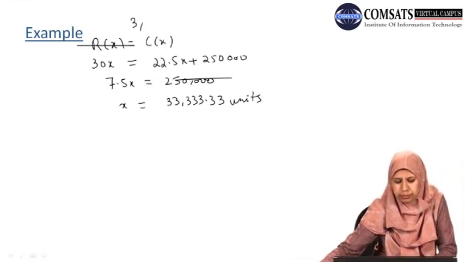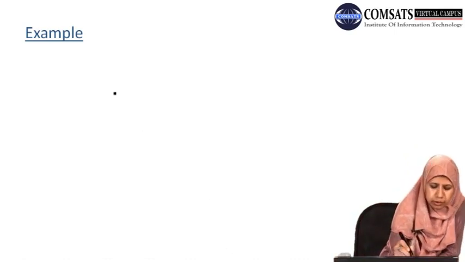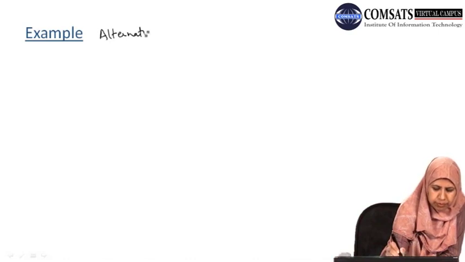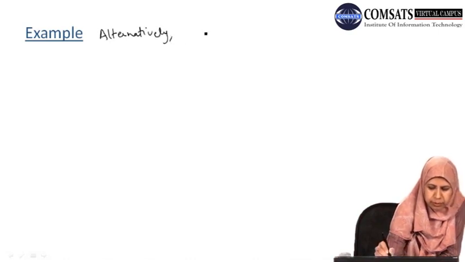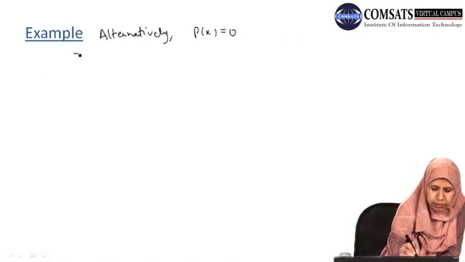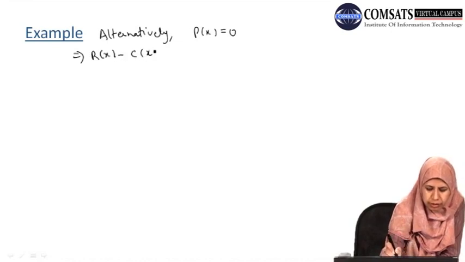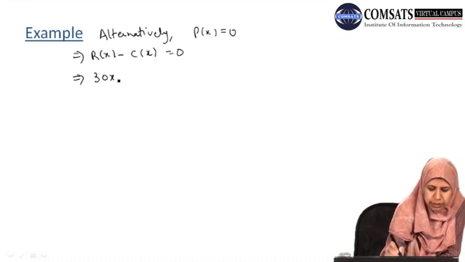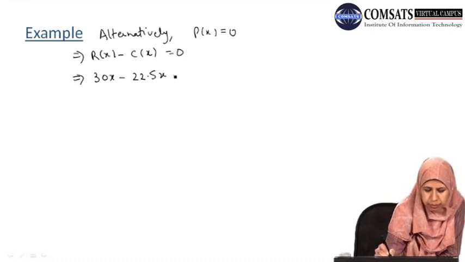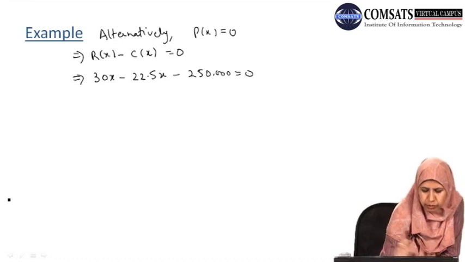Now we will use our alternative method, that is by putting our profit function equal to 0, which means that R of x minus C of x is equal to 0, which means 30x minus 22.5x minus 250,000 is equal to 0.